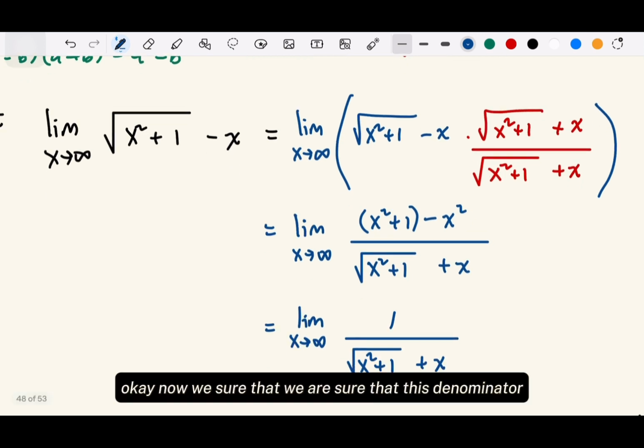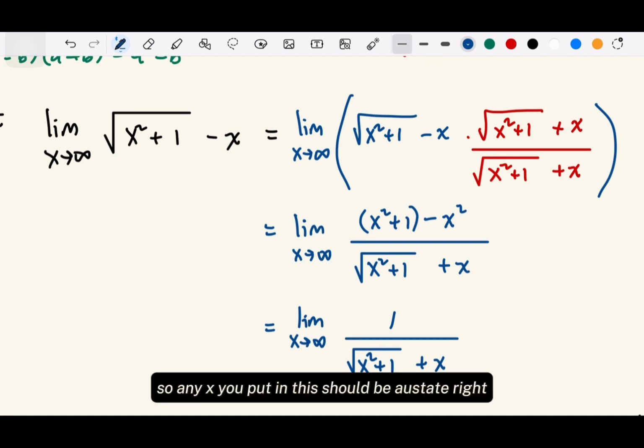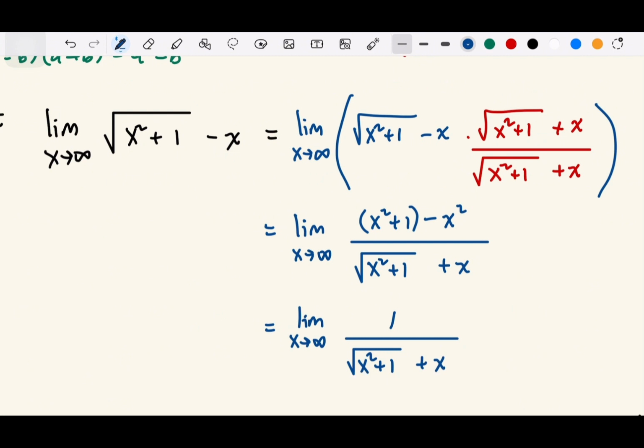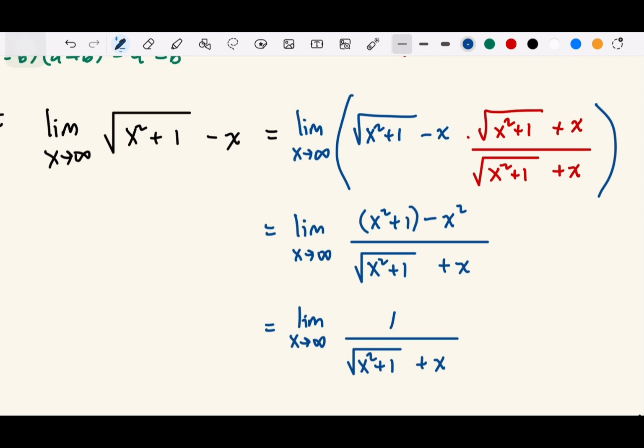Now we are sure that the denominator is a positive function. So any x you put in should be positive, right? As this gets larger, 1 over something that is really large in the limit becomes 0.